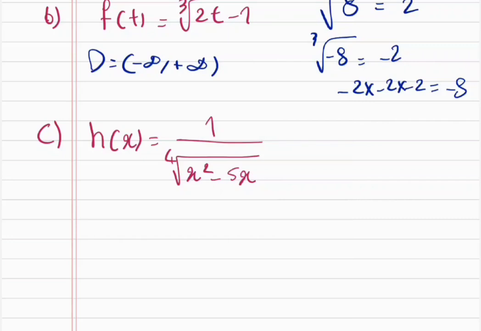First, this is the denominator, so we should make sure that the denominator is not 0. So we should exclude the values that make the denominator 0. And also, we have the fourth root, which means that since it's an even number, we can't have negative here. So it must be a positive number.